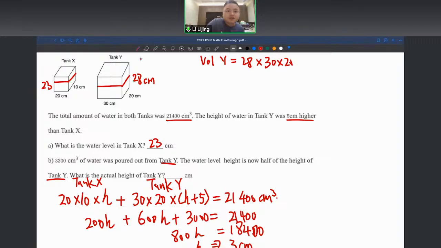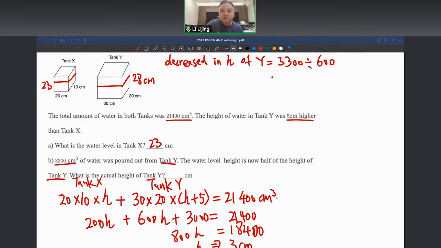Actually, no need. This one is not necessary. The faster way, since the water poured out is 3,300 cm3, is to find the decrease in height of Y using the water poured out divided by the base area of tank Y, which is 600.